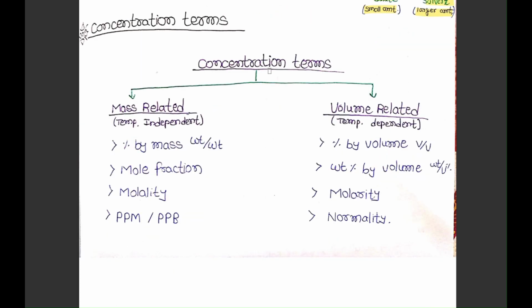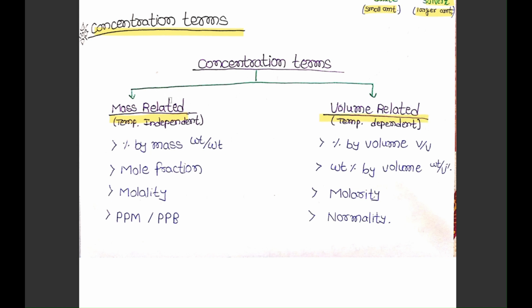Now let us come to the concentration terms. So concentration terms is categorized into two parts. Number one is mass related or temperature independent, and number two is volume related or temperature dependent.